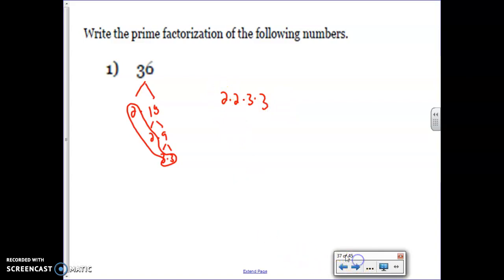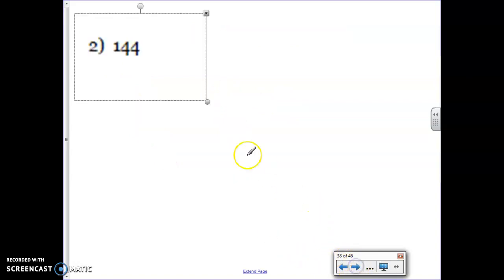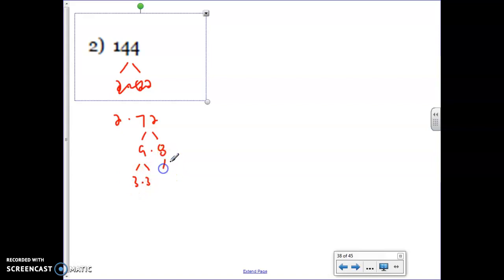So let's look at another example here. We've got 144. If I break down 144, well, I know that's 2 times 72. 2's prime, 72 breaks down to be 9 times 8. 9 breaks down to be 3 times 3. 8 breaks down to be 4 times 2.